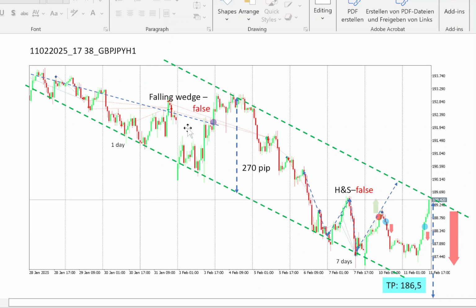I made some arrows here on this chart so you can see how important it is to always pay attention to the trend.